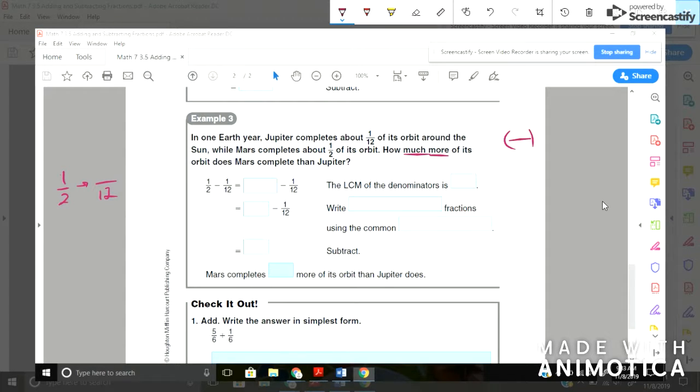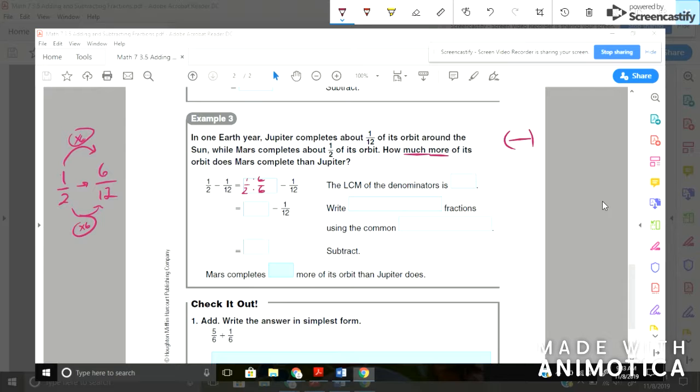So I could get 2 to 12, and then it would be the same as Jupiter's. Okay, so to go from 2 to 12, I'd multiply by 6. And if I multiply by 6 in my denominator, I need to multiply by 6 in my numerator to keep my fraction equivalent. So 1 times 6 will give me 6. So that would be 1/2 times 6 on top and bottom to get to 12ths.